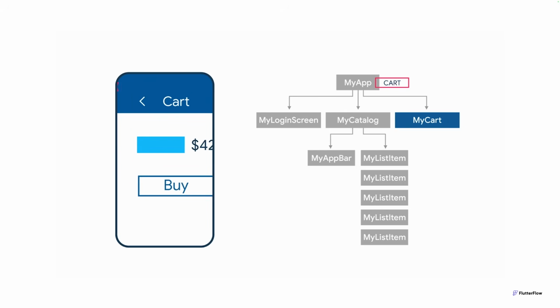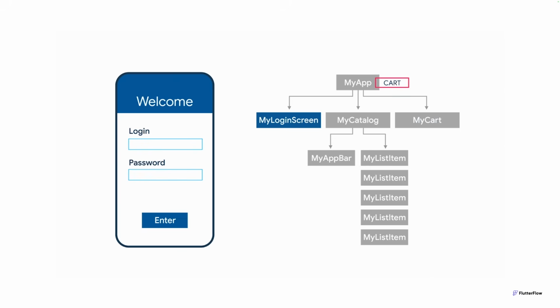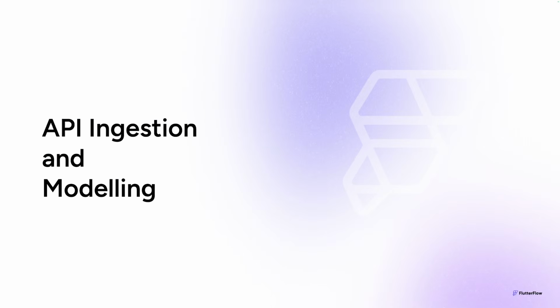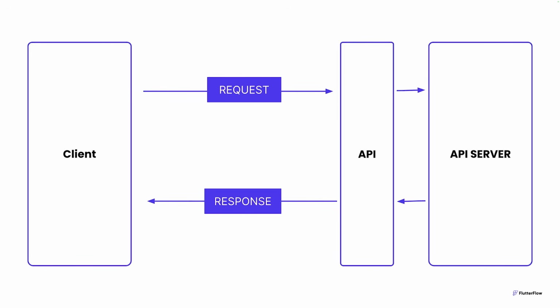You will learn more about state management in FlutterFlow in the upcoming modules. In the client-server model, a request usually goes to a server and a response is sent back to the client. In other words, the front end of an application needs to fetch data from the backend.